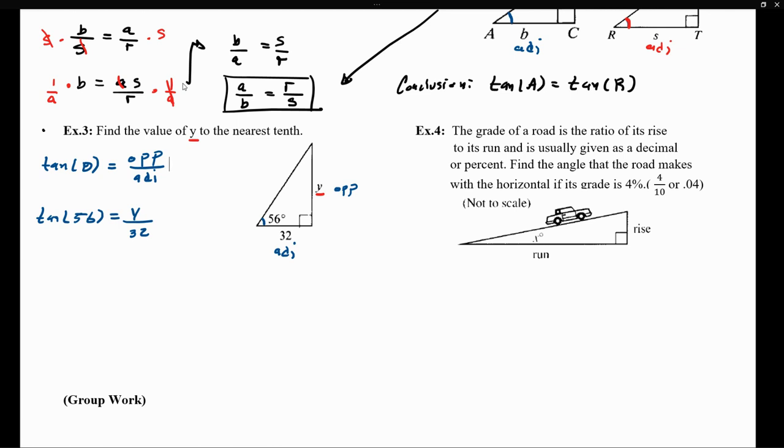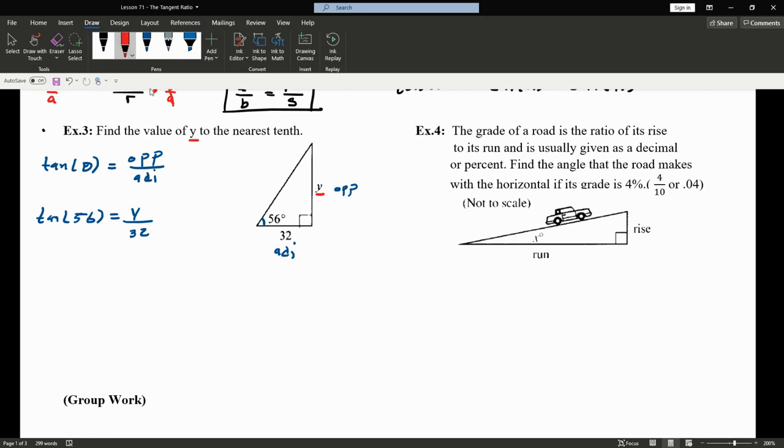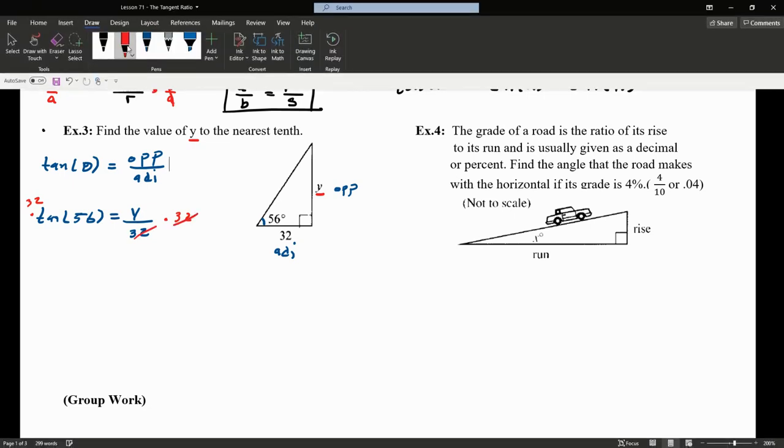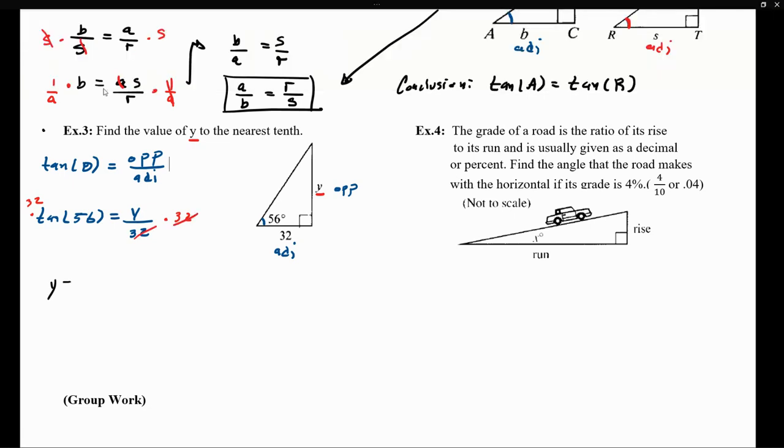And notice that once we have it this way, we can definitely solve for y. Because if we want to solve for y, we have to let y be by itself. So let's multiply 32 to both sides. That cancels out. So now we have that y is equivalent to 32 times the tangent of 56.